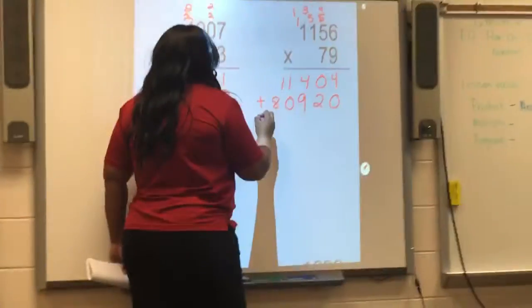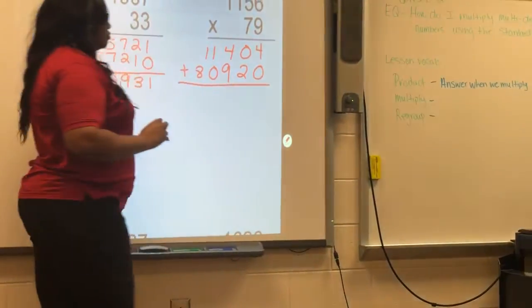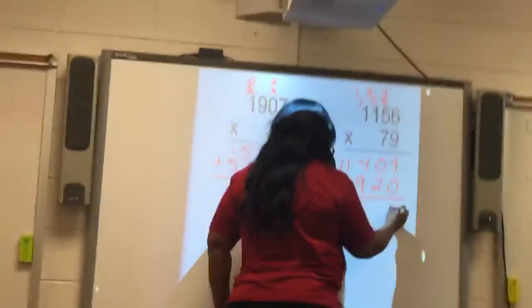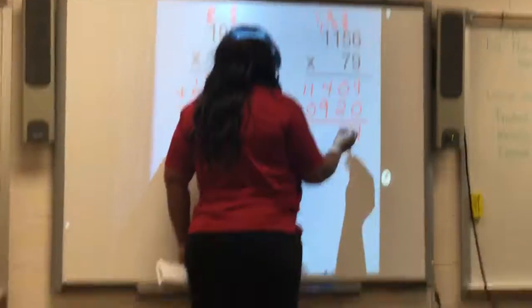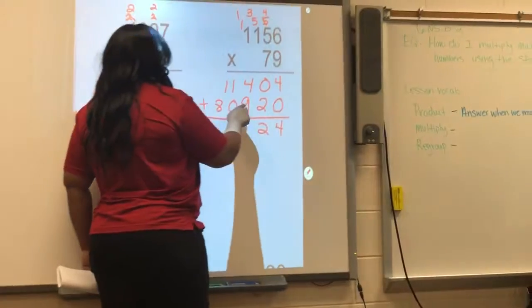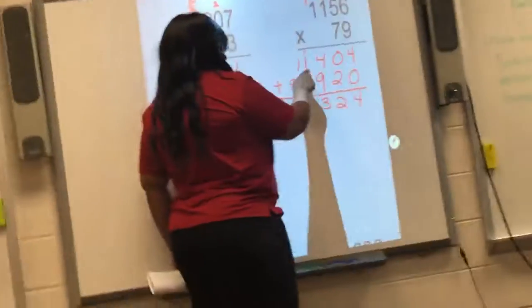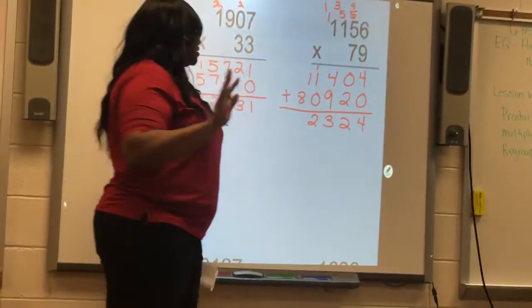So now we have all our numbers, we can add. So we're doing simple addition here. 4 plus 0 is 4. 0 plus 2, 2. 9 plus 4. Right, 13. Carry my 1. 2. 1 plus 1 is 2. Don't get ahead of me, guys.